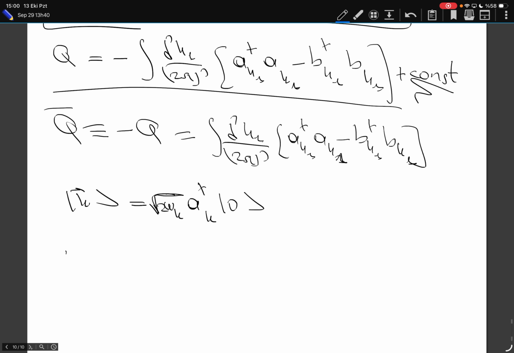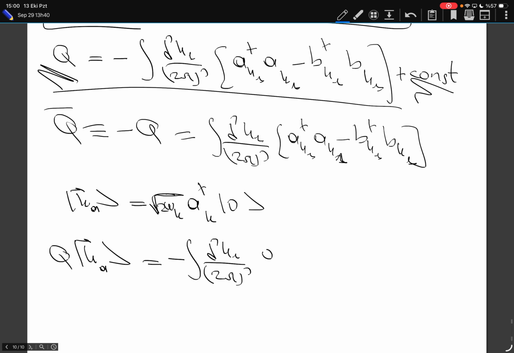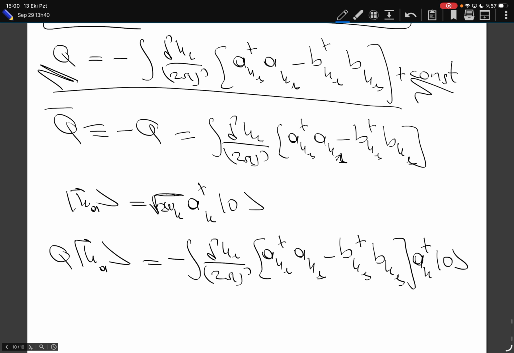What is the Q acting on this one? Now let's see. I know what Q is. This is, well, let me stick with this one. Minus d cubed k1 divided by (2 pi) cubed, a_{k1}^\dagger a_{k1} minus b_{k1}^\dagger b_{k1}, acting on a_k^\dagger |0>, times this square root of 2 omega_k, which is just a normalization.